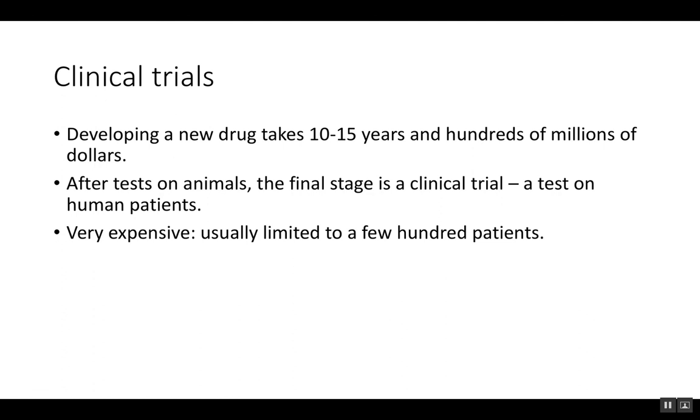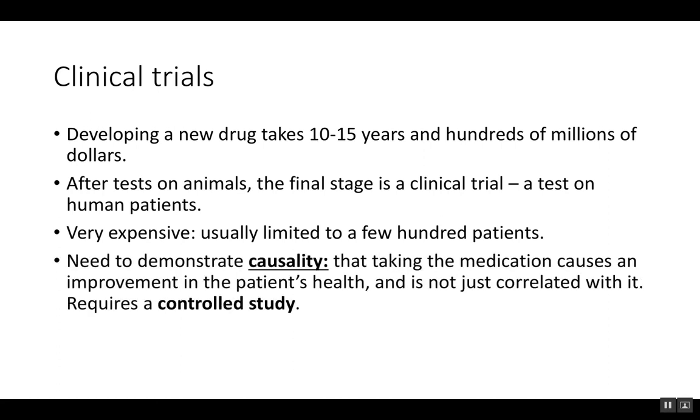It's very expensive, so even very big, rich companies cannot afford to run the experiment on more than a few hundred patients. And the important thing is they need to demonstrate causality. They need to show that taking the medication causes an improvement in the patient's health and is not just correlated with it. So this requires a controlled study.